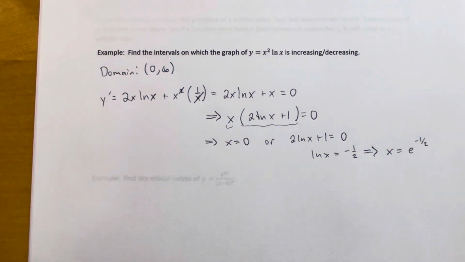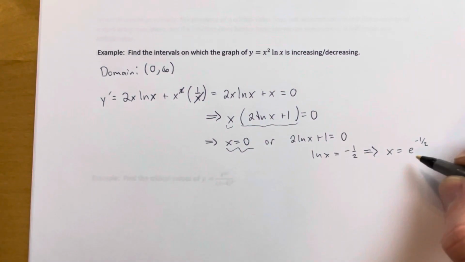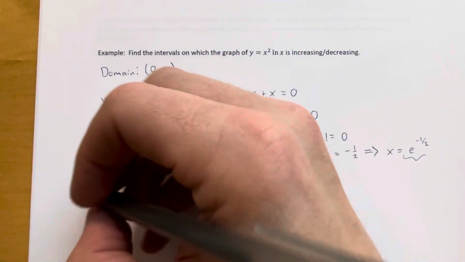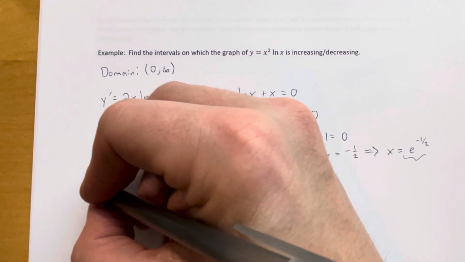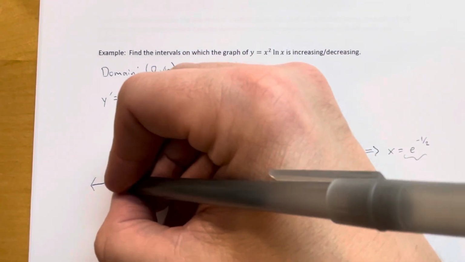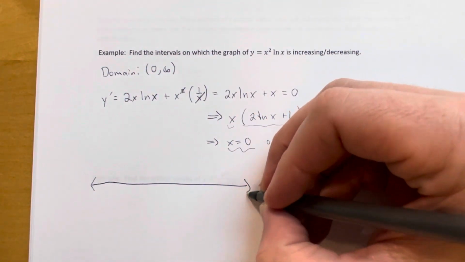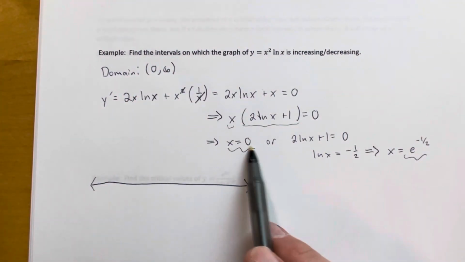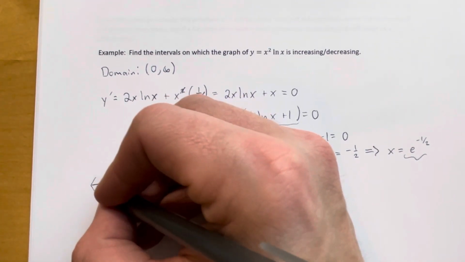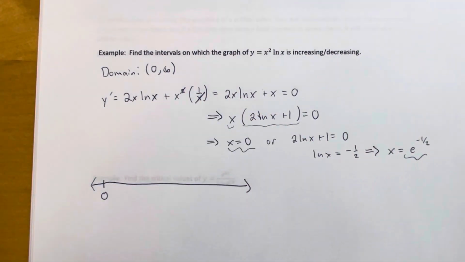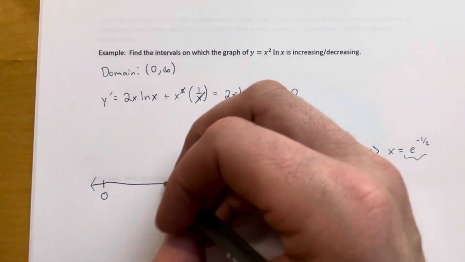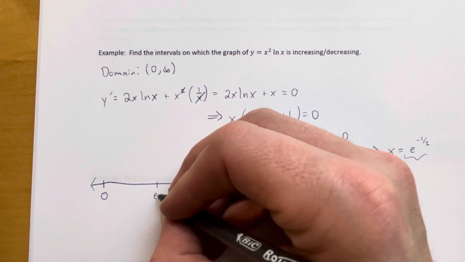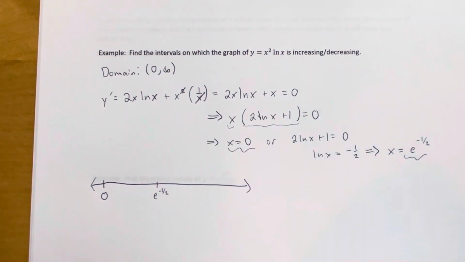All right, two partition numbers, 0 and e to the negative 1/2 power. So I'm going to make my sign chart, but this time, because there is a domain restriction, I'm going to put the smaller of these two partition numbers all the way to the left, so 0. E to the negative 1/2 is positive because e to any power is positive.